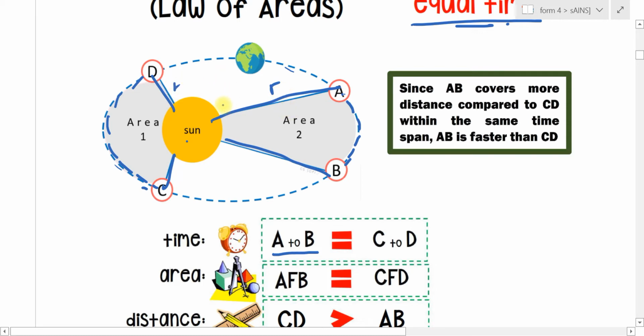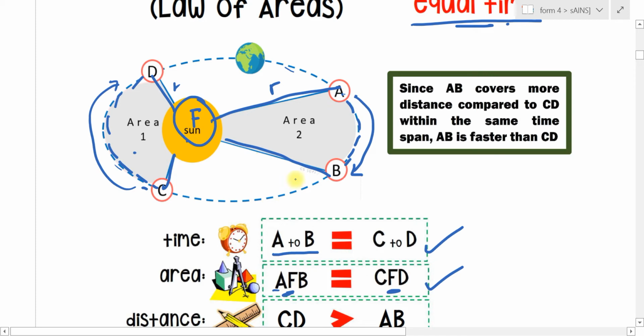So we will assume the time taken for the earth to revolve around A to B dengan C to D is equal. Kena ingat first, the time is equal. That means area 1 and area 2 should be equal. Why I put AFB and CFD? Because the sun is the focus. So kita letak F, AFB dengan CFD.